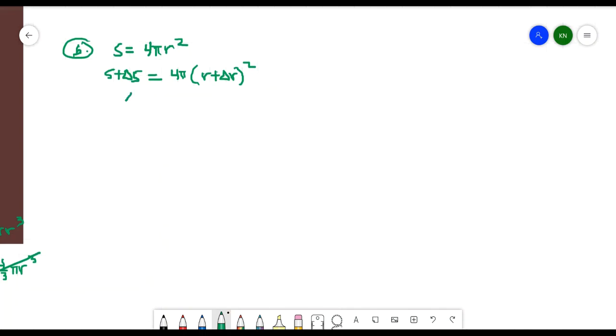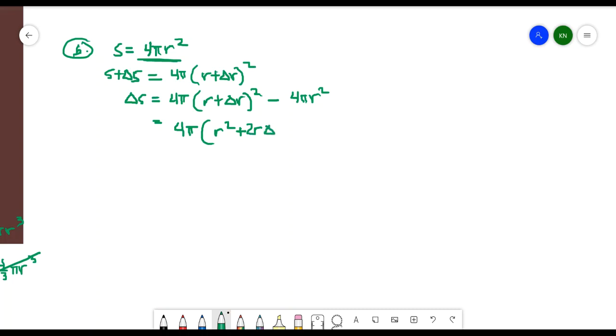So isolating delta S, moving the S to the other side of the function, we have 4 pi (r plus delta r) squared minus our S, which is this one, 4 pi r squared. Simplifying the equation, we have r squared plus 2r delta r plus delta r squared, minus 4 pi r squared.